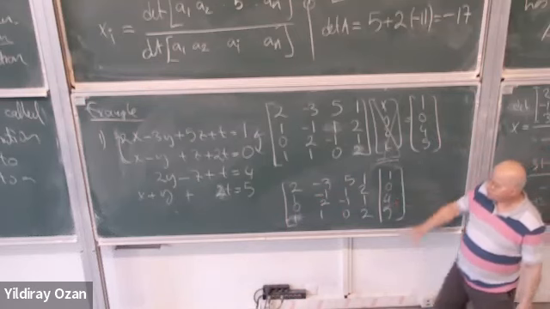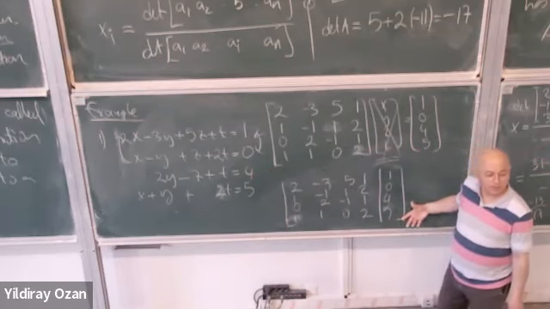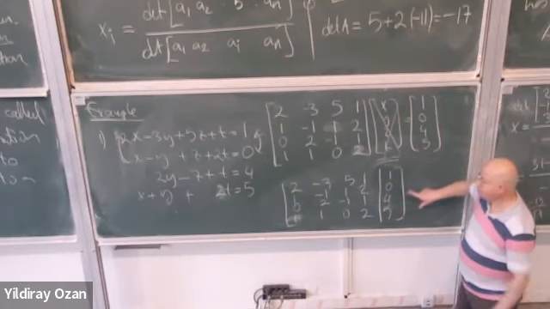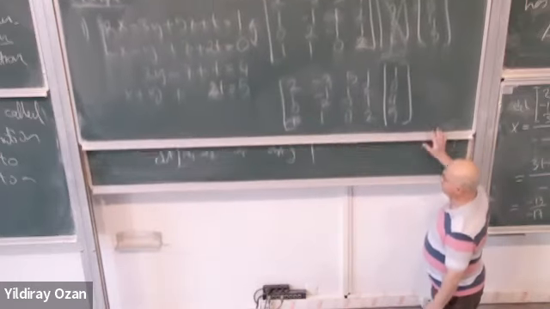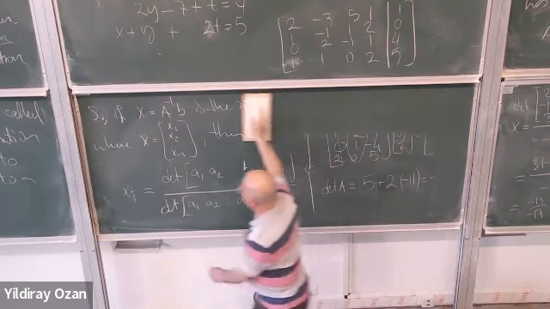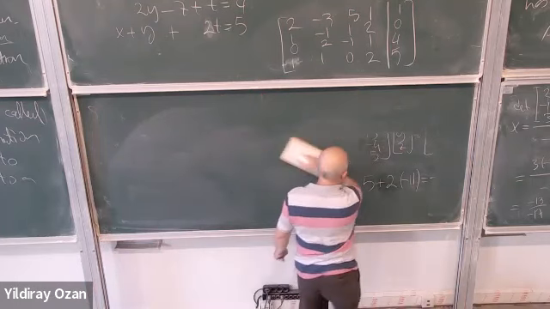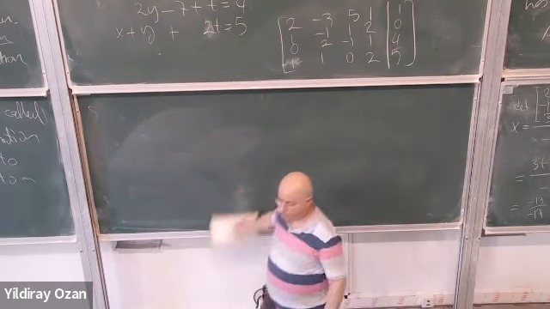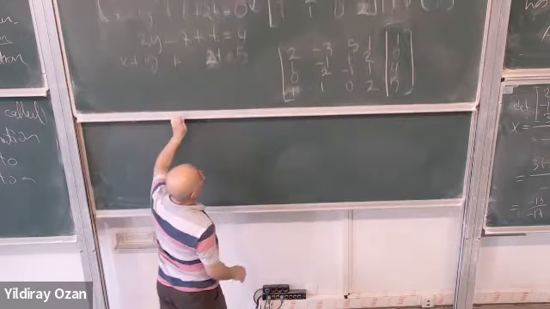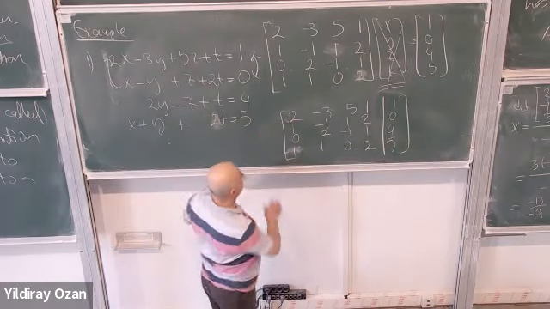Okay. Now this system can be written like this. And then I will do my operations on this. Now, I said first let me interchange the first and second row.